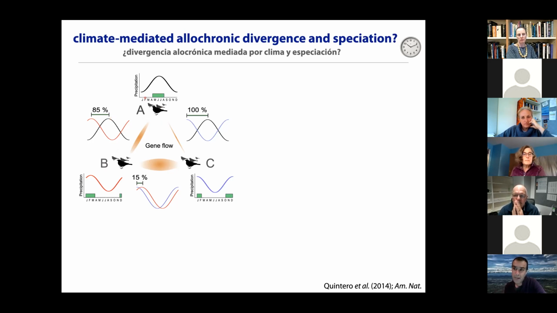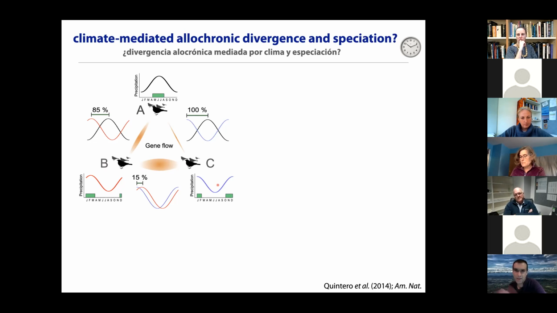So if birds are timing their reproduction to match pulses in resources that are driven by the rainy seasons, then you would expect relatively little gene flow between these two localities compared to localities where the seasonal regimes in precipitation are very similar. So what Ignacio did was actually test the prediction that populations that occur in more asynchronous environments in terms of precipitation regimes are more genetically differentiated than populations that are more synchronous.